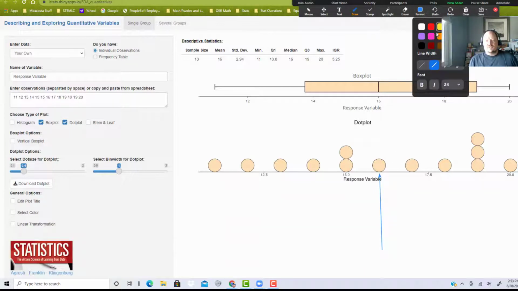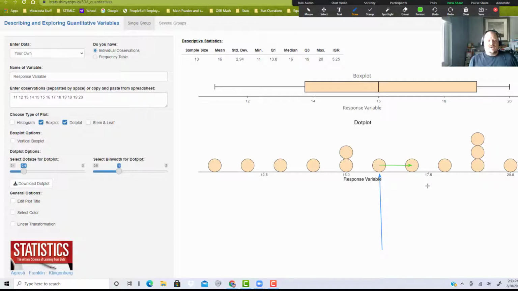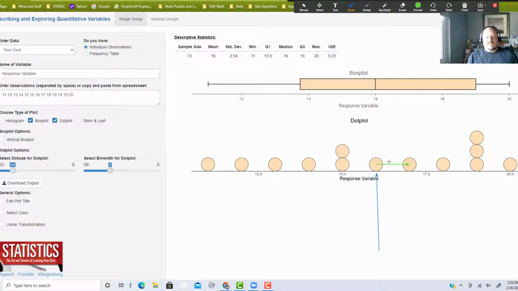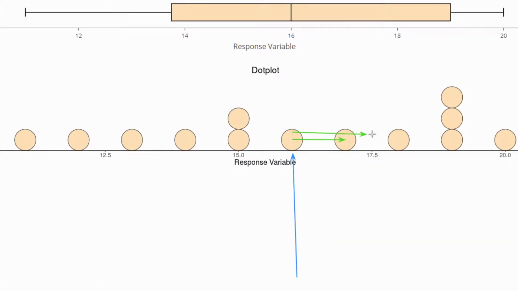So let's take a look going to the right of the mean, and for these I'm going to use green arrows. Here this first dot is one distance away from the mean, so think of that as a +1. The next is 2 units away, so it would be a +2. Over here there are 3 numbers, and each one of those is 3 units above the mean.